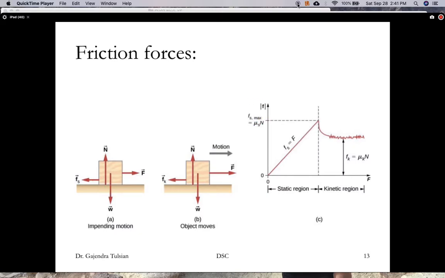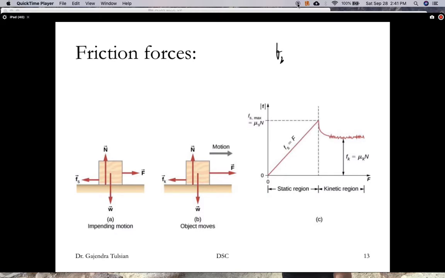You apply a force like this, and that's the static friction force. On this axis we plot the applied force. And so the static friction force matches the applied force. The static friction force is equal to the applied force till the maximum value is reached. And then this breaks loose, and once it breaks loose, the kinetic friction force is less than the static friction force.